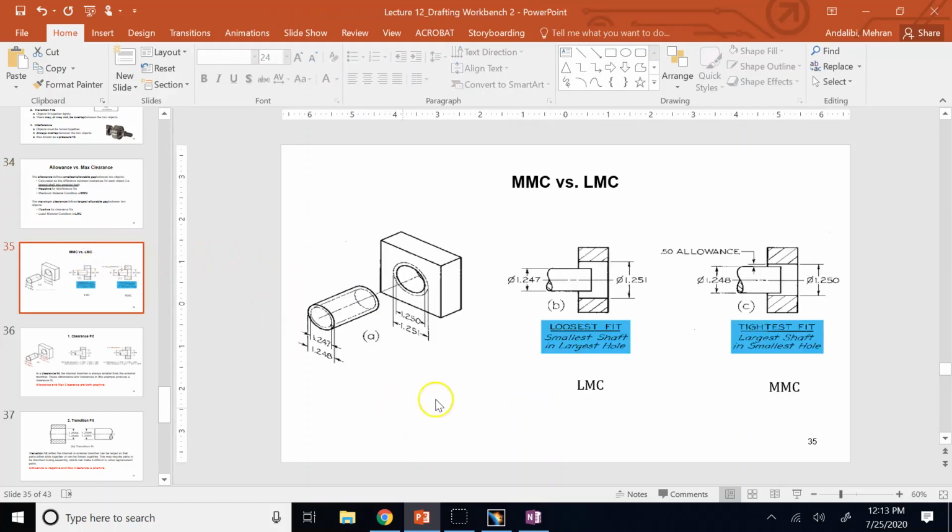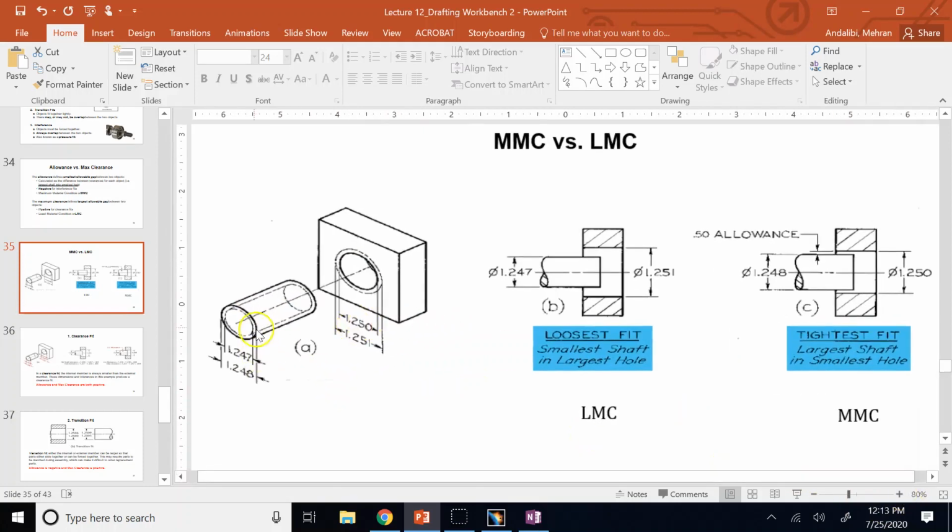What do I mean by that? So here, let's say this is the shaft, this is the part with the hole, and these are the tolerances, or the limits, for the size of the shaft and for the size of the hole, right? So I say the shaft size should be between 1.247 and 1.248, and then the hole should be 1.250 and 1.251. So if I give these numbers to a manufacturer, what is the smallest possible gap that I can get back?